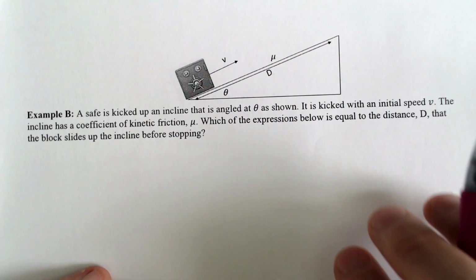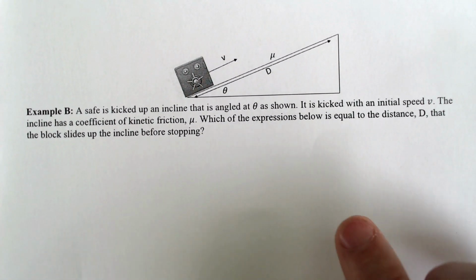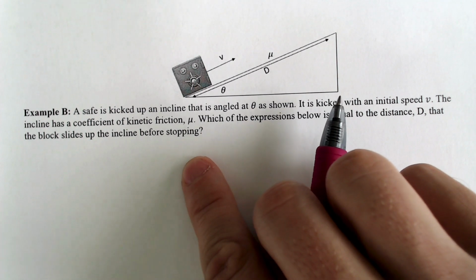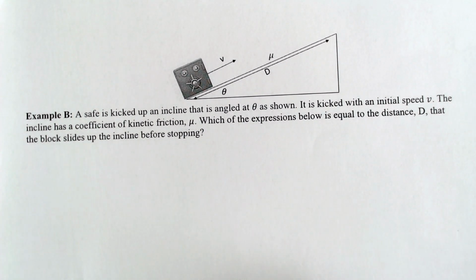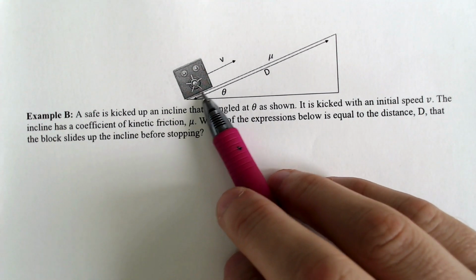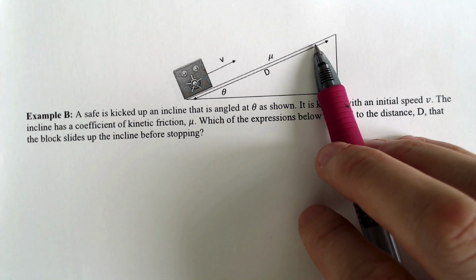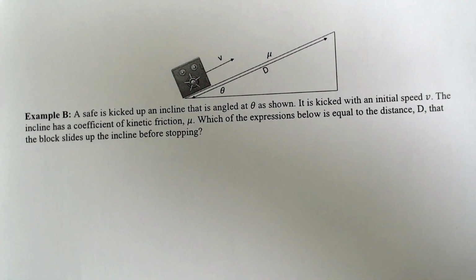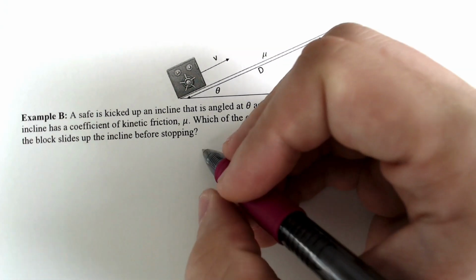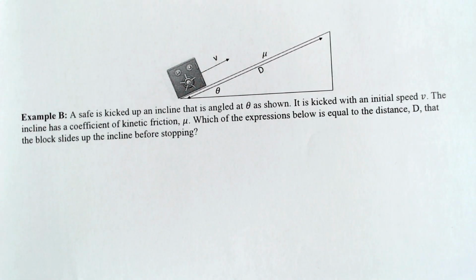Okay. So we need to figure out the distance it would go before it stops. If it is stopping, that means that all of the kinetic energy will be turned into potential energy and completely gone. So let's see what that would look like. We got a separate sheet of paper here.